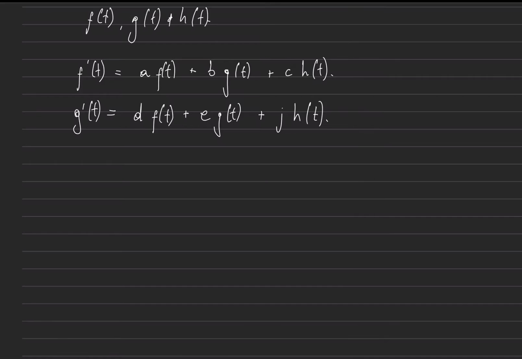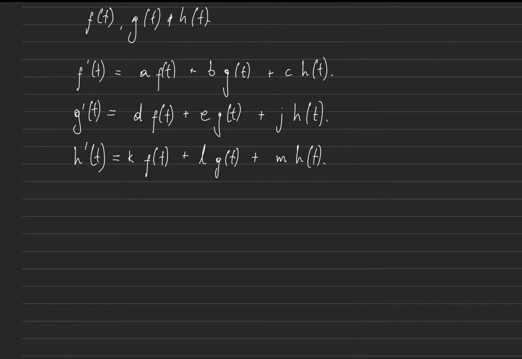And then finally, let's say the derivative of h of t, this is equal to what? K times f of t plus L times g of t plus m times h of t.